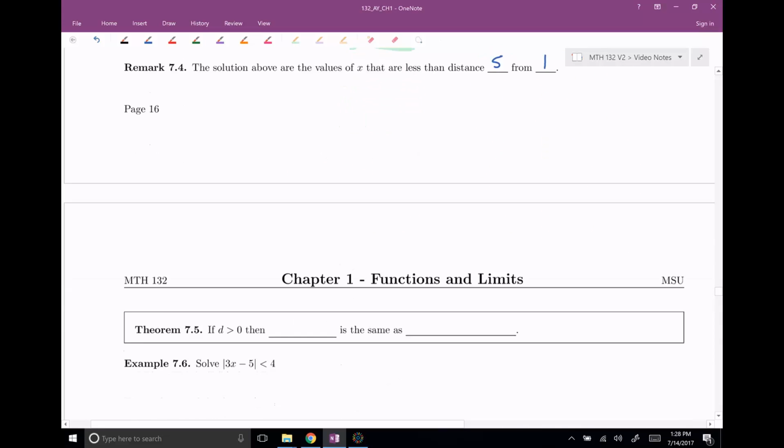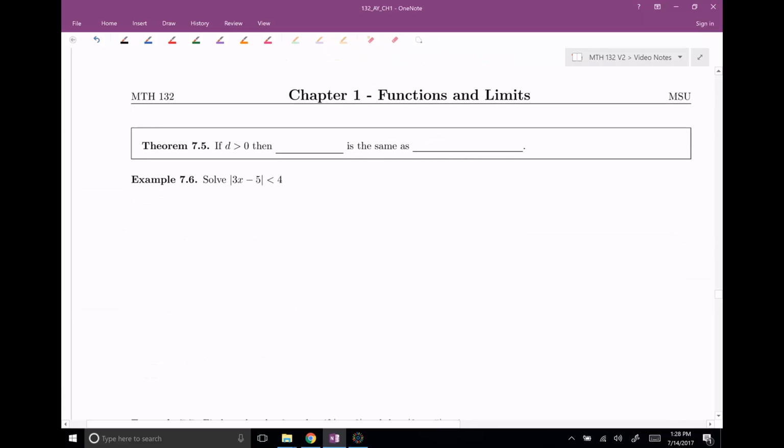So it's nice to have the following theorem. This theorem is a little bit more algebraic, a little bit more mechanical, right? It's not as geometric, about the distance and all this stuff, but it's still a really nice theorem.